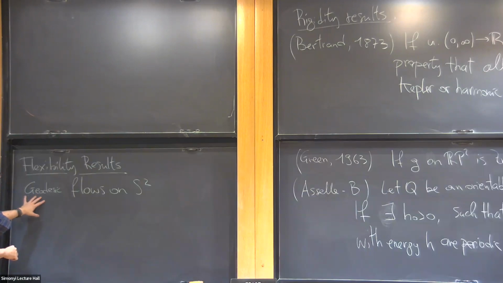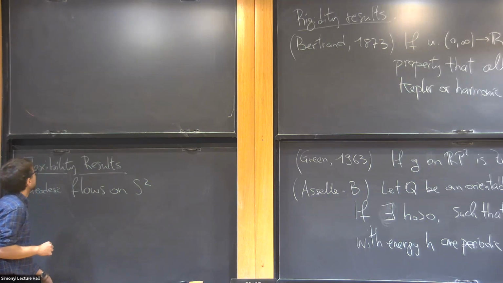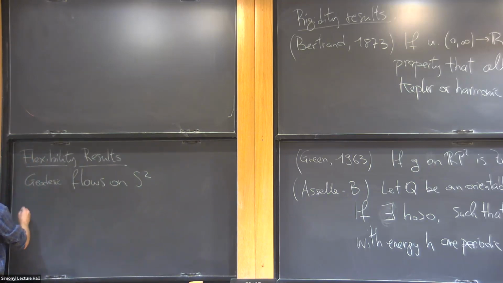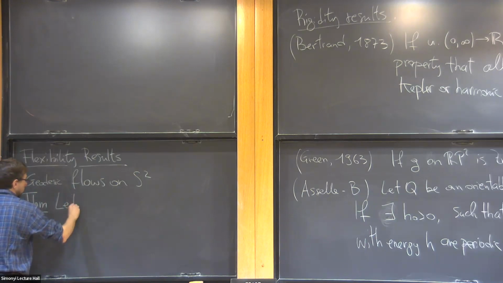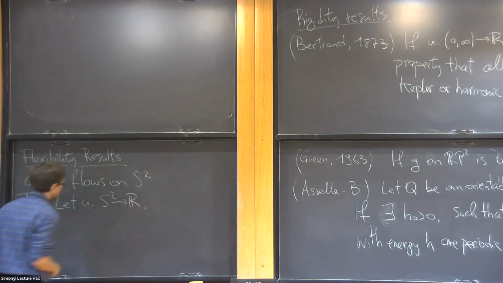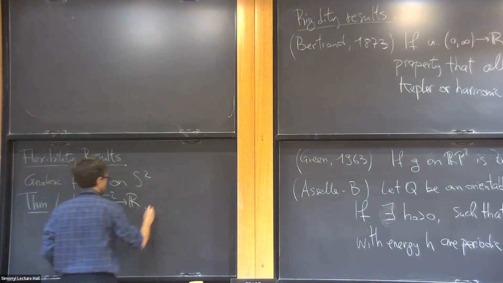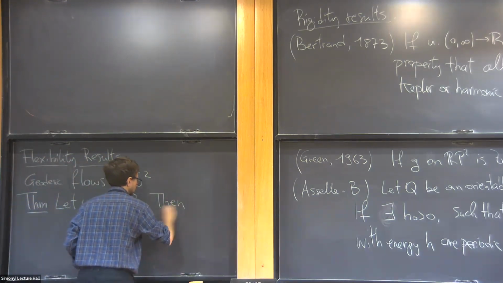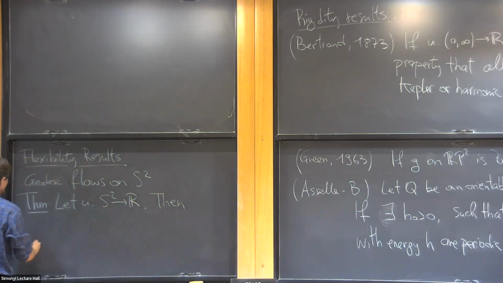The first side of the story is the geodesic flows on S2. So what is the setting here? This theorem: take U to be a function on S2. Then you have an equivalence between two things.